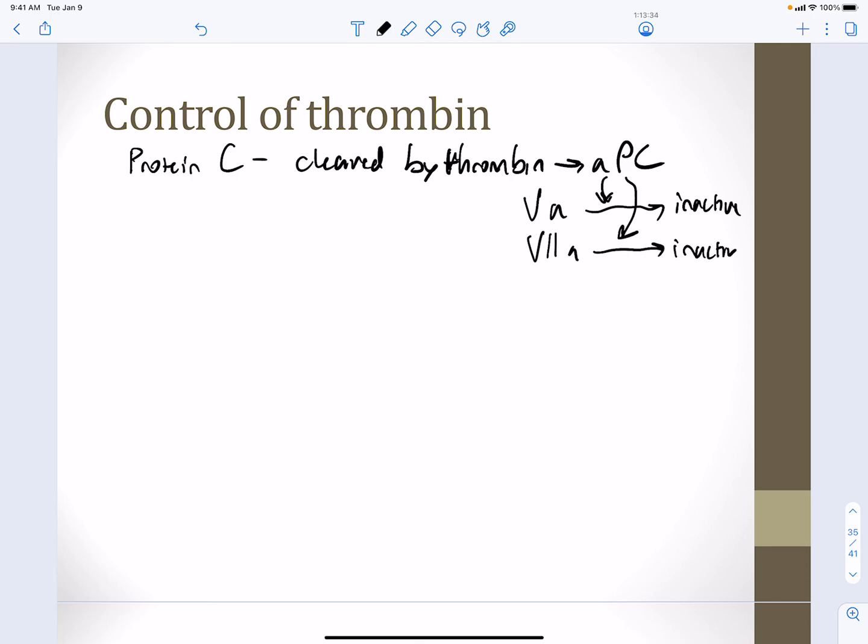And so this results in termination of thrombin, and this is going to halt clot formation.